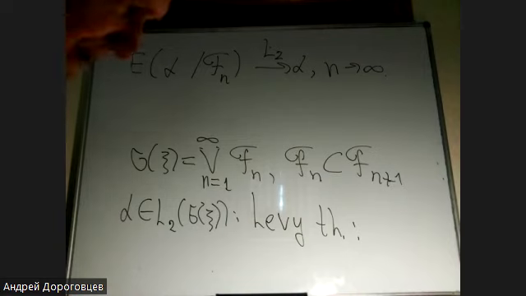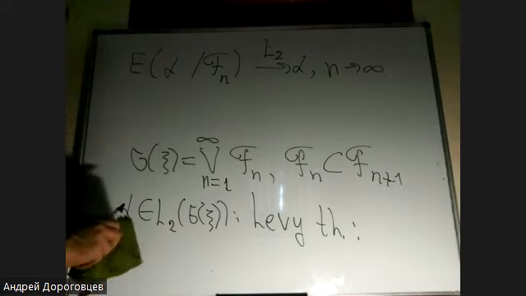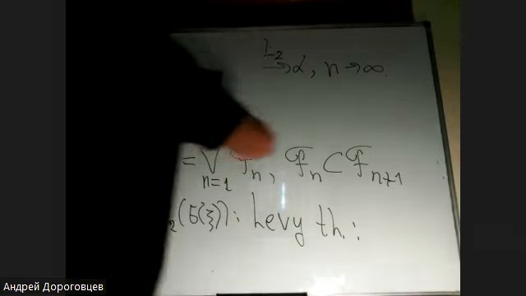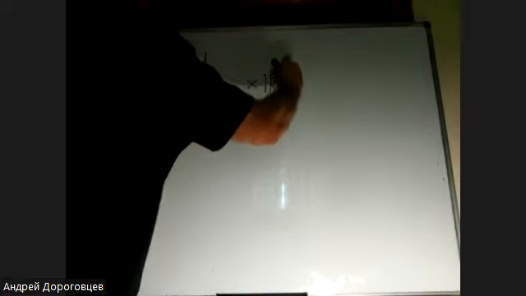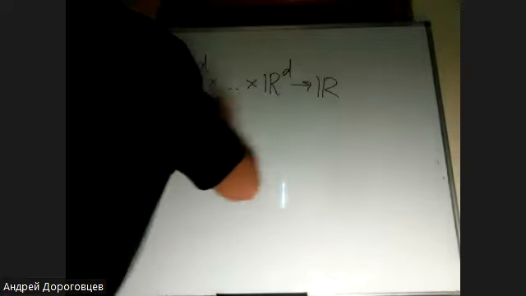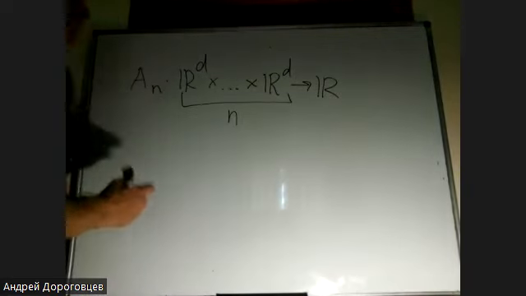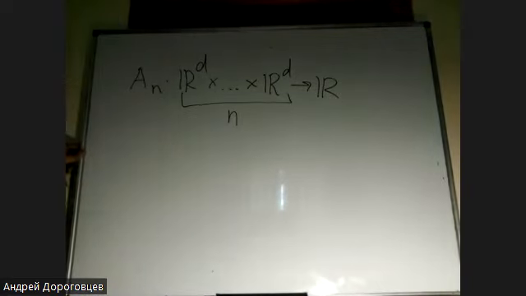Could you define what symmetrization of a tensor product means? Oh, yes, it's a good question. So suppose that we have just a multilinear form. For example, A_n, which acts from R^d times ... times R^d, n times, to R. So what will be its symmetrization?